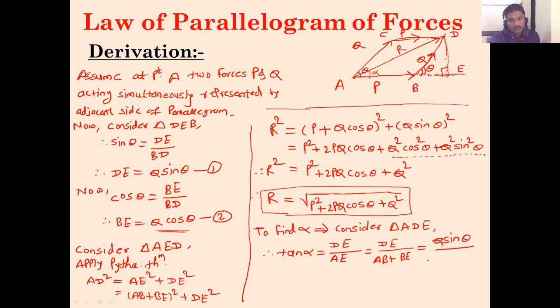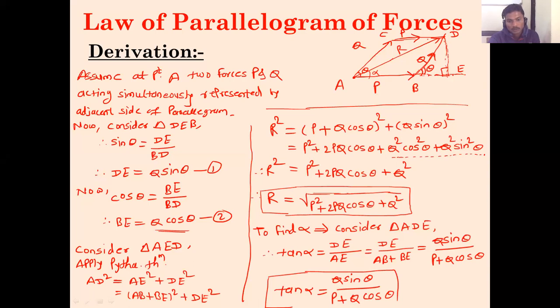And AB indicates P, plus Q cos theta. So here I will write tan alpha equal to Q sin theta divided by P plus Q cos theta. So this is the resultant and this is the angle of the resultant.